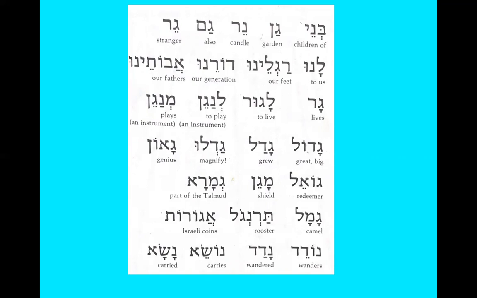Fourth line, gadol, gadal, gadlu, gaon. Next line, goel, magen, gemara. Next line, gamal, tarnegol, agorot. And the last line, noded, nadad, noseh, nasa.